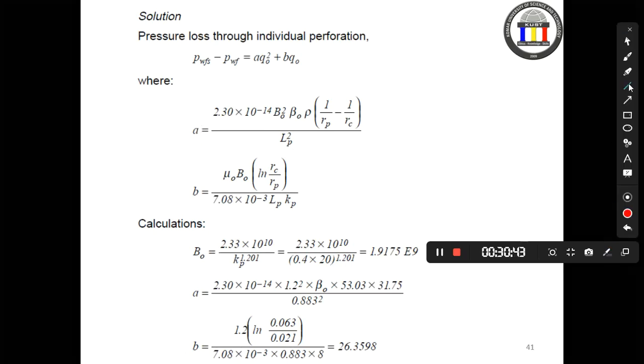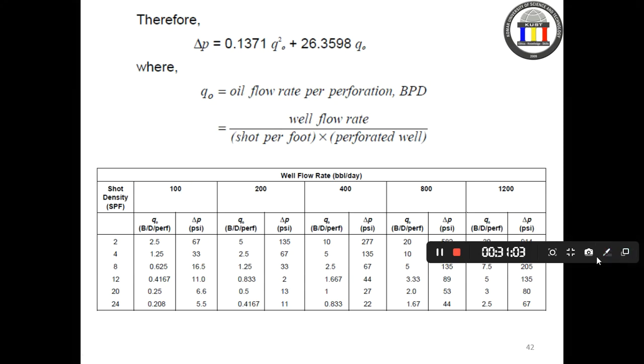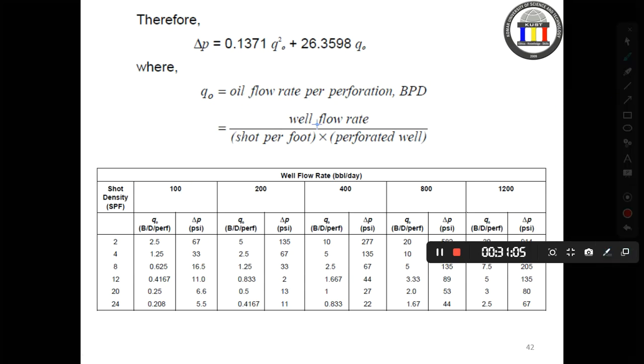We calculate first A and B here. We calculate A, we calculate B. Once we have A and B, we calculate the Bo. After we have the A and B, this is the equation that we are going to use, where now well flow rate is kept.